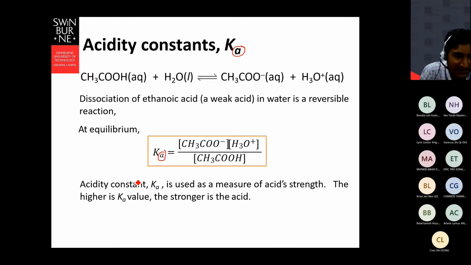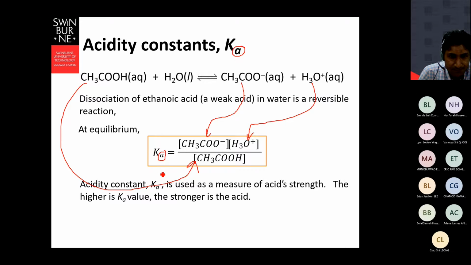Or Kb, the basicity constant, is only for weak bases. In the same way, at equilibrium, the constant is formed as the product concentrations divided by the reactant concentration. We find this Ka to measure the acidity. The higher the Ka value, of course, the stronger the acid.